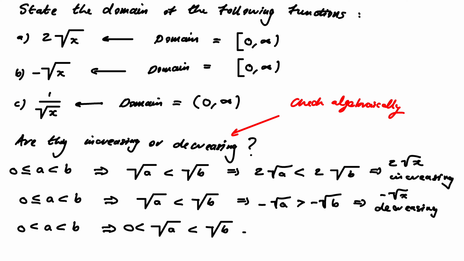This is one of my basic rules about how inequalities work. So this implies that 1 over root a is now going to be bigger than 1 over root b. So it reverses the direction of the inequality. That and that are the opposite way around. So that tells you it's a decreasing function because it works for any inputs.